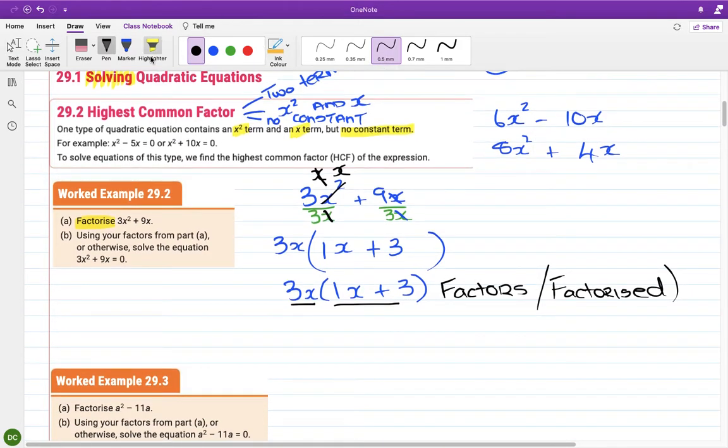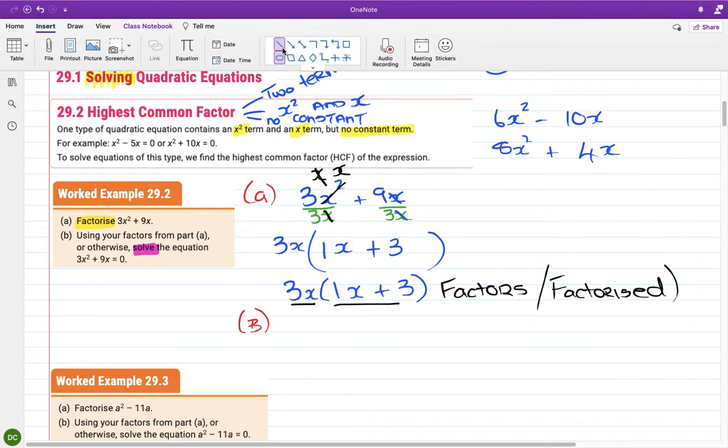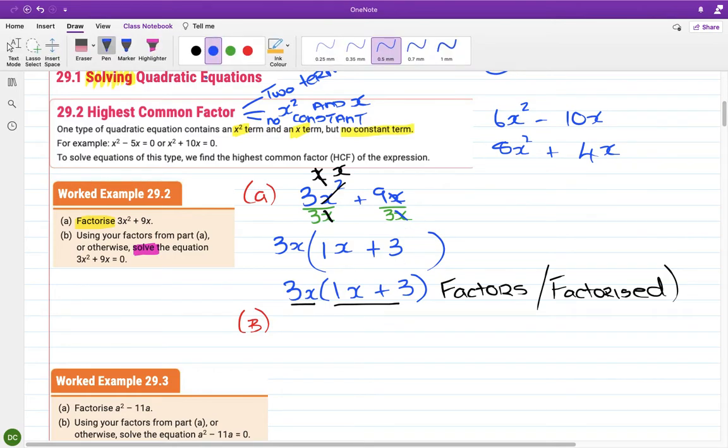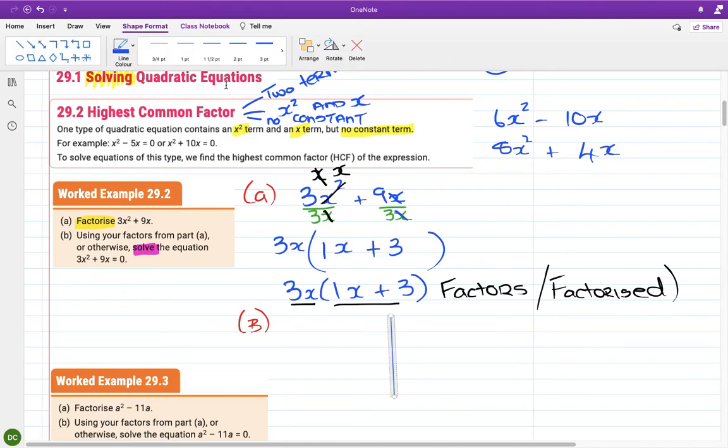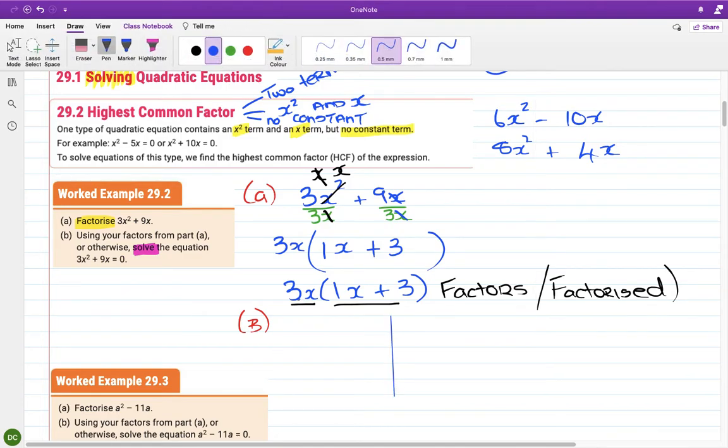The new skill, the thing that comes up in this chapter, is in part B there, where they ask you to solve. This is how you solve. You split your page, and you put the first factor on the left and let it equal 0, and you put the second factor on the right and let it equal 0, and you solve.